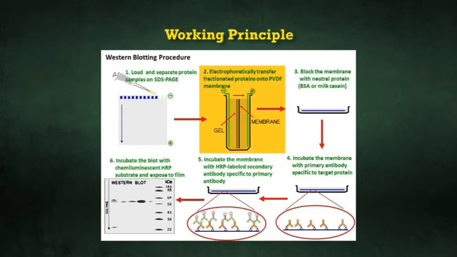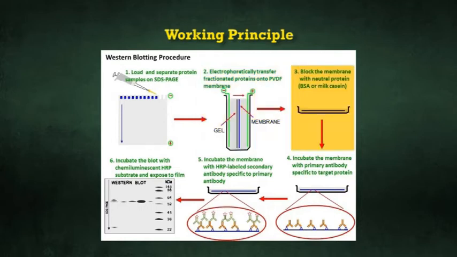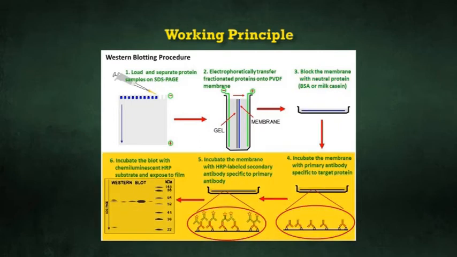Then protein bands are transferred to a nitrocellulose membrane by electrophoresis, and the individual protein bands are identified by flooding the membrane with radiolabeled or enzyme-linked polyclonal or monoclonal antibodies specific for the protein of interest.